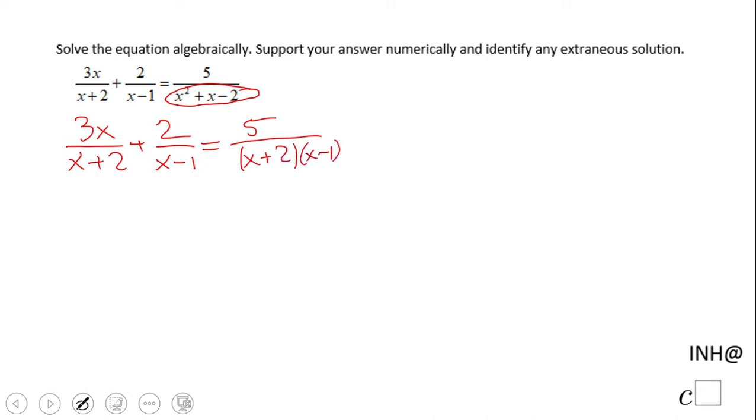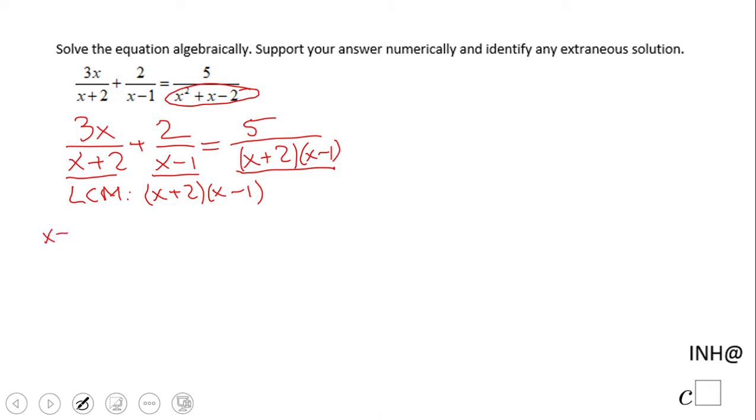And looking now at the three denominators, the bottoms of the fractions, the least common multiple is x plus 2 times x minus 1. So this is the guy we're going to multiply by both sides of this rational equation. What do I mean?